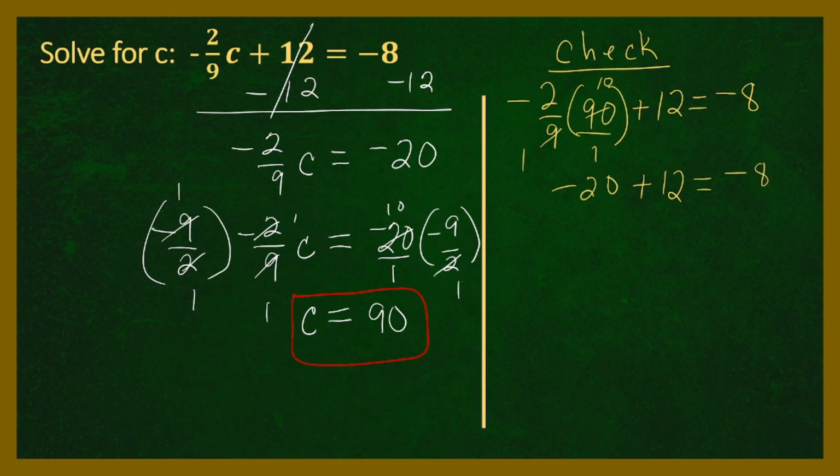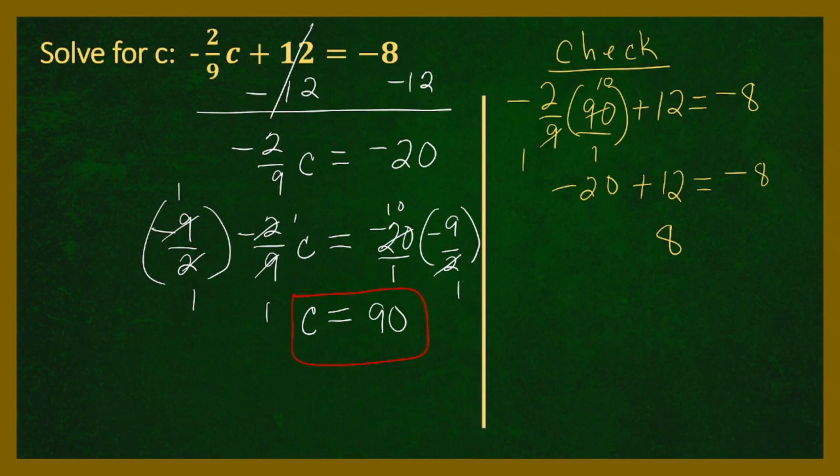So now let's combine our terms here. Negative 20 plus 12, since we have unlike signs, unlike meaning different signs, a negative and a positive, we take the difference. So the difference of 20 and 12 means we subtract the numbers. So 20 minus 12 gives us 8. However, for our answer, we carry the sign of the larger number.